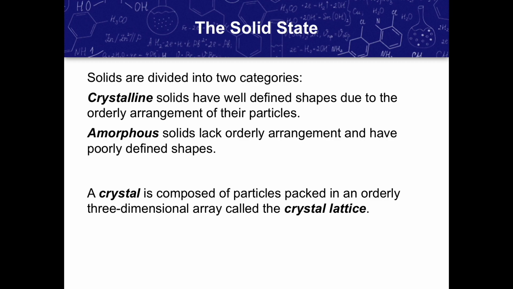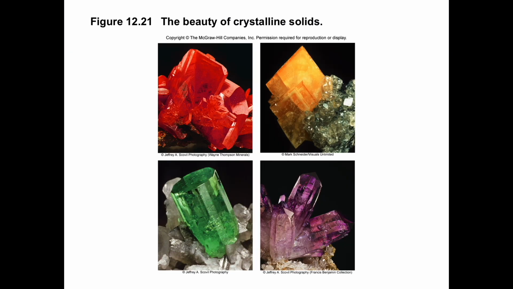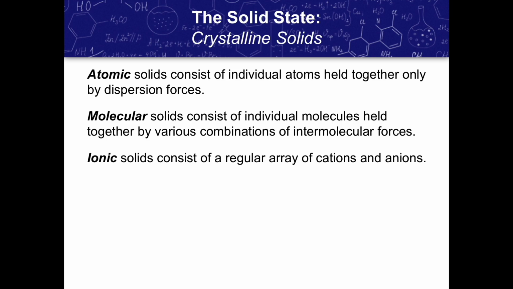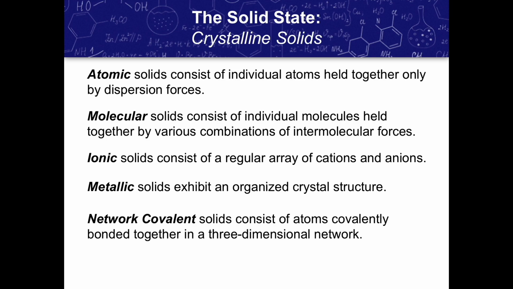A crystal is a solid composed of particles packed in an orderly three-dimensional array called the crystal lattice. Here are the examples of the crystalline solids. There are different types of crystalline solids, and the five most important types are defined by the type of particles in the crystal.